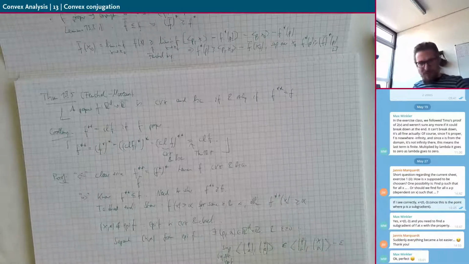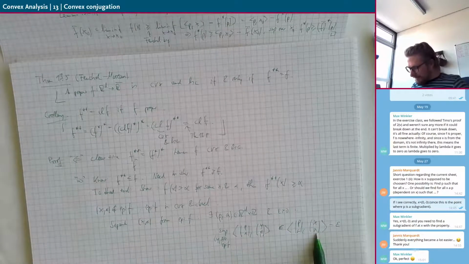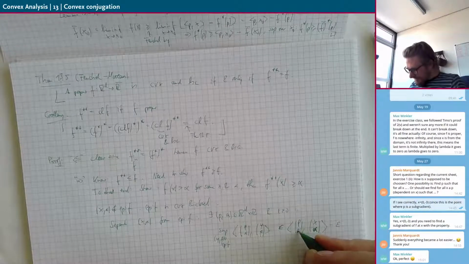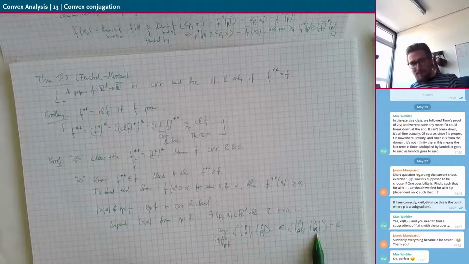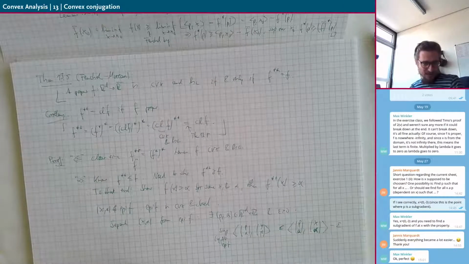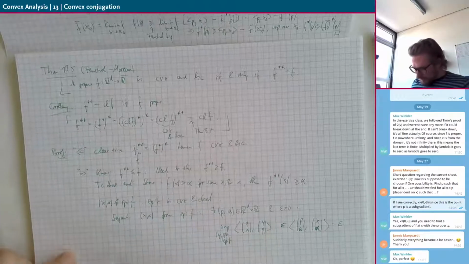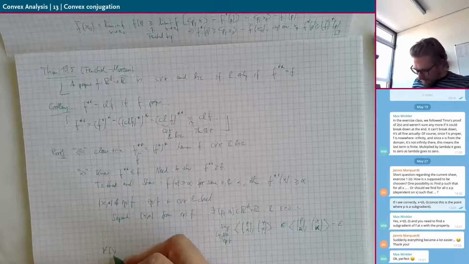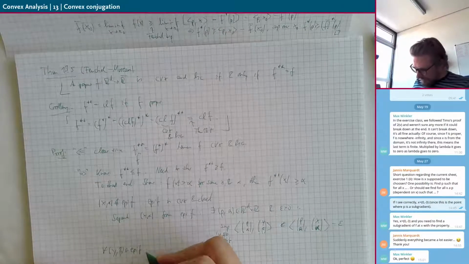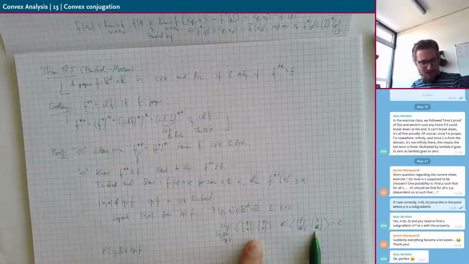So that's the separation of the point (x, alpha). This is an alpha here. That's an a. That's the strict separation of (x, alpha) from the epigraph, so that this here is always on that side of the hyperplane. In other words, whenever we have (y, beta) in the epigraph of f, then we write this out.